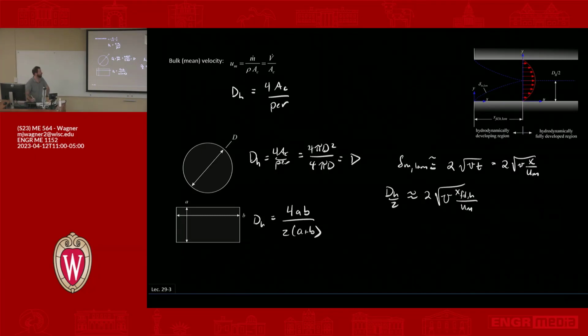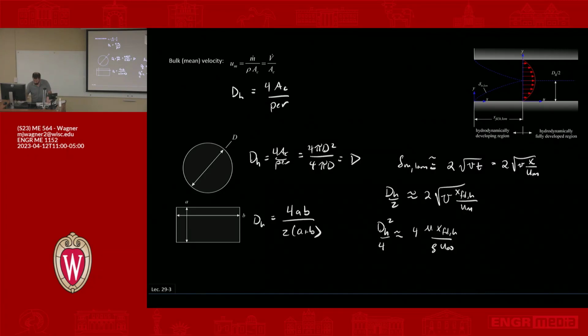We're trying to solve for x_fd,h. Squaring both sides, d_h squared over 4 is approximately equal to 4 times mu times x_fd,h over rho u_m, substituting the definition of viscosity.